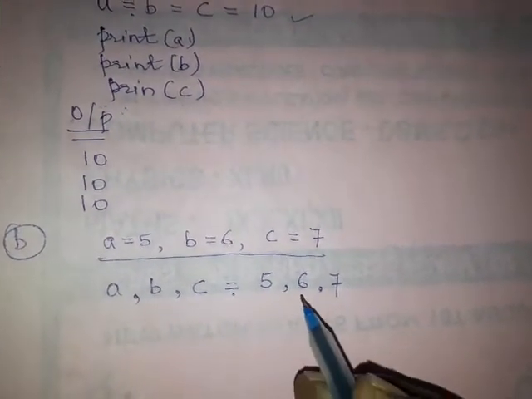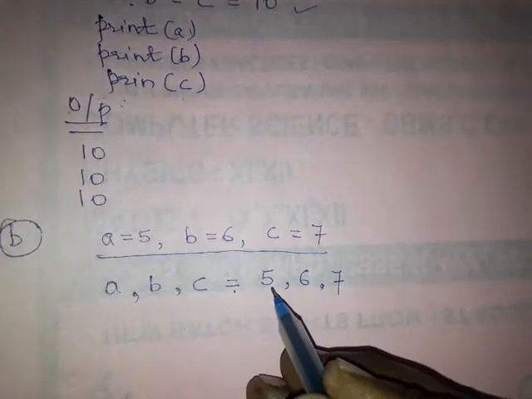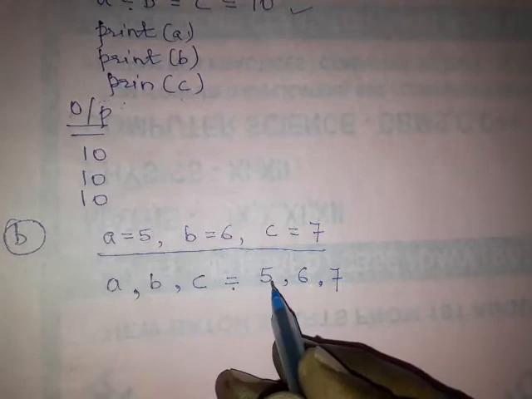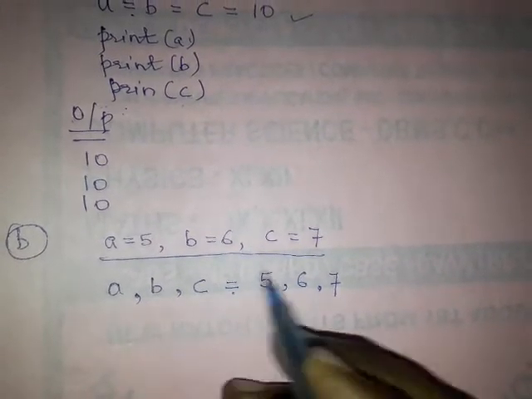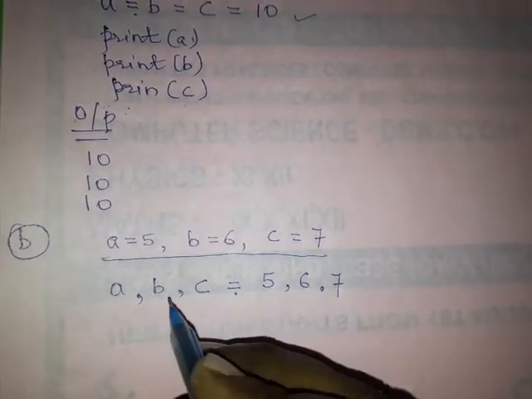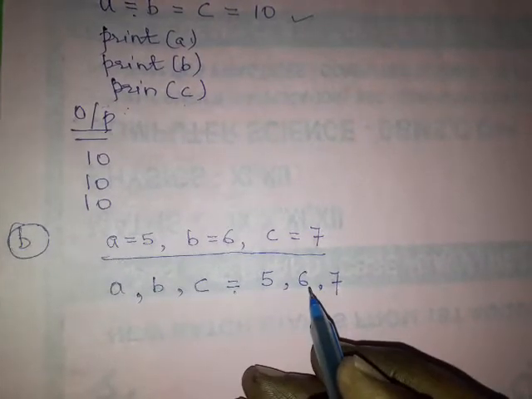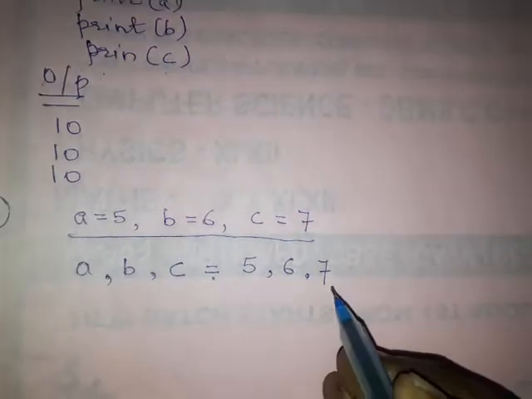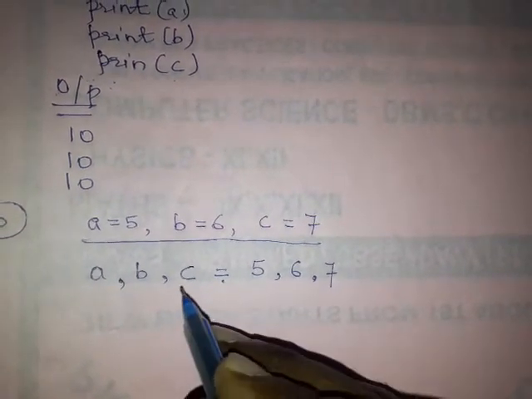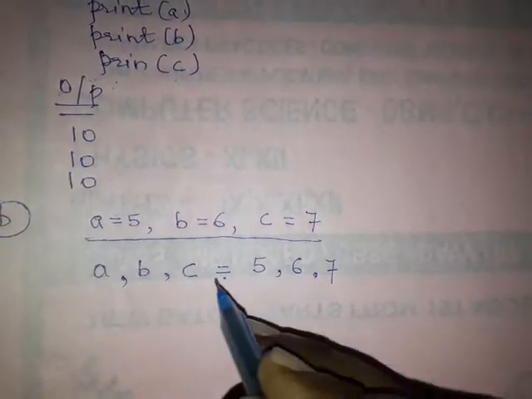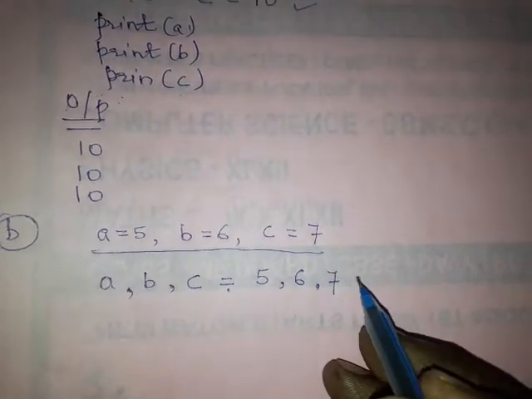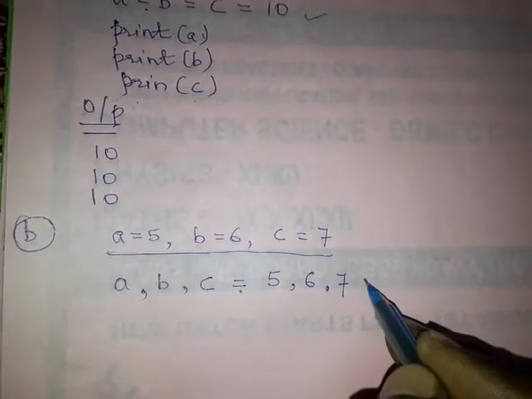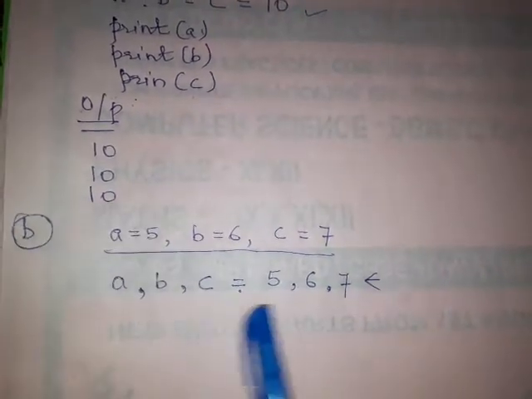So the first value here is 5 and the first variable here is A, so this 5 is assigned to variable A. The second variable here is B, so this 6 is assigned to variable B. The third value is 7 and the third variable here is C, so this third value is assigned to C. So this is the case where different values are assigned to different variables in a single statement. That's why it is called multiple assignment.